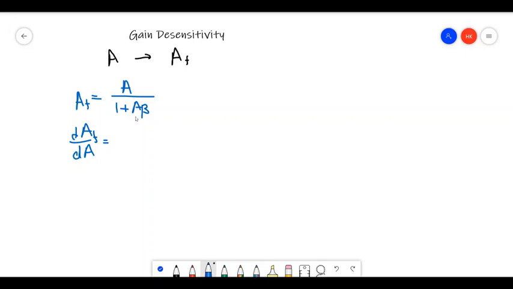If I do this, I'll get the denominator times the derivative of the numerator, minus the numerator times the derivative of the denominator, that is beta, divided by the complete square of the denominator. Simplifying this will give me 1 over (1 plus A beta) whole squared.